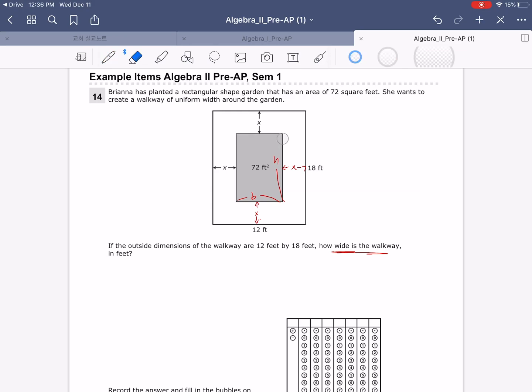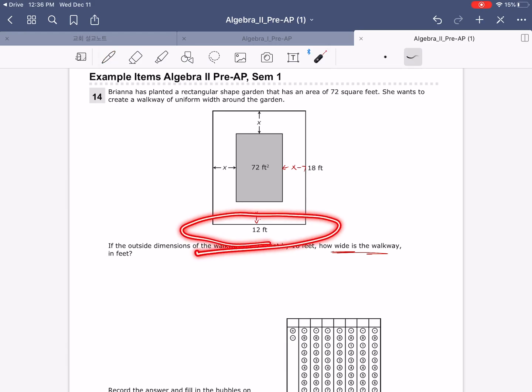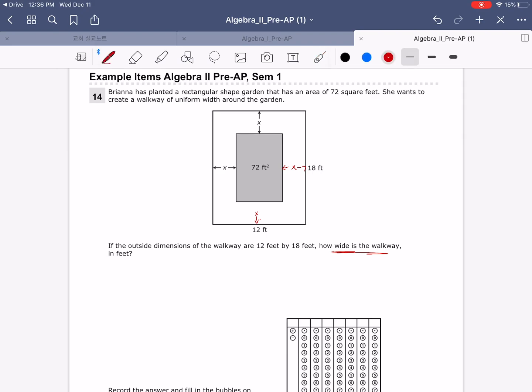That's the formula for the rectangle, okay? So we have a small problem. What is our base going to be? Here, if you look at this, here to here is going to be 12 feet, right? And here to here is x, here to here is another x, which means here to here is going to be 12 minus 2x, right?